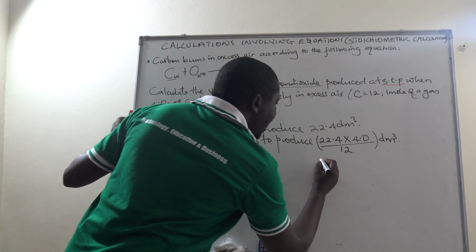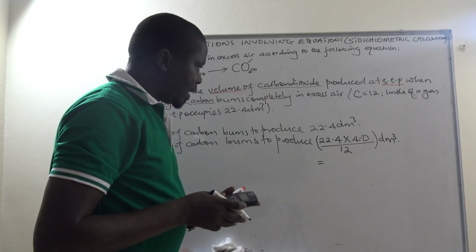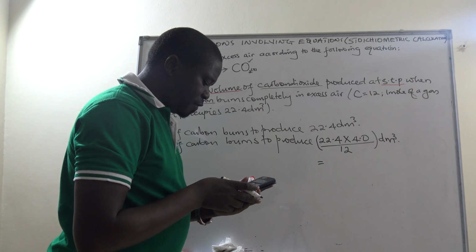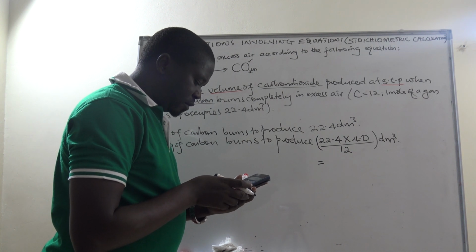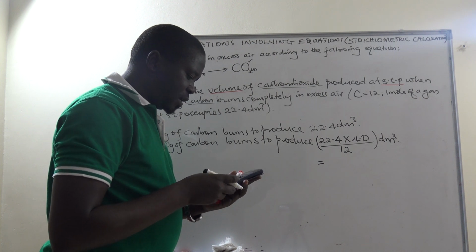So let us try to get the answer using our calculator. So 22.4 times 4.0, and we divide it by 12.